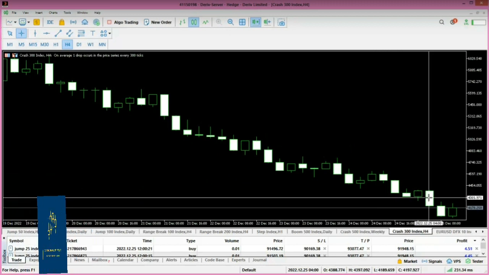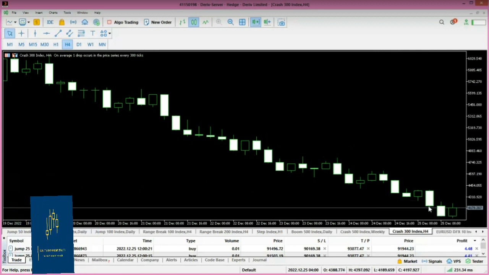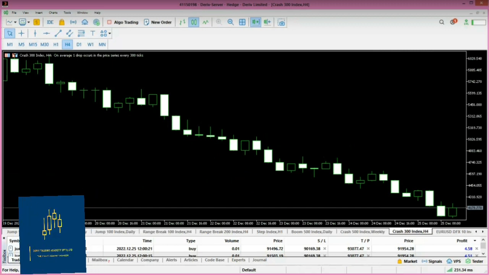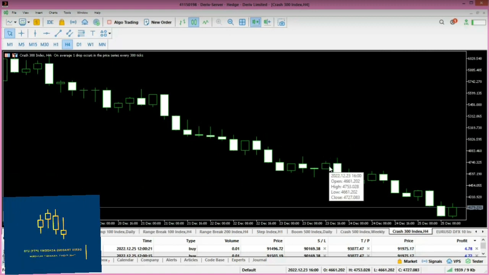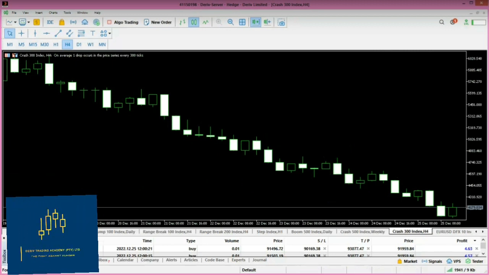We were supposed to sell at around 6 a.m. But we're going to wait for another opportunity before we enter on this one. Maybe tomorrow we're going to sell on this one. So that is all on our list this week.